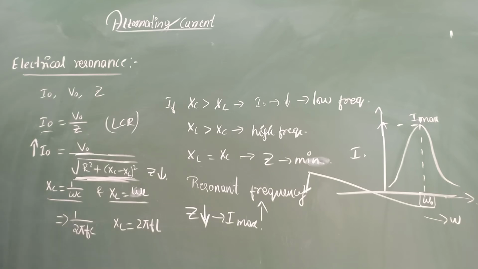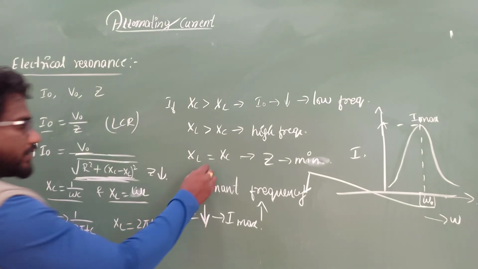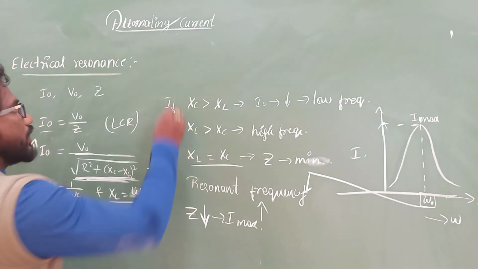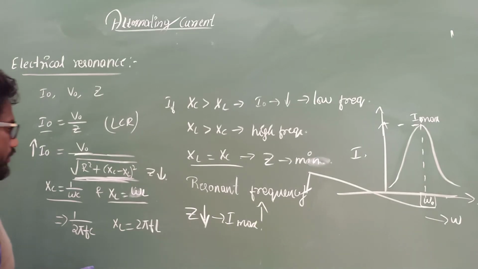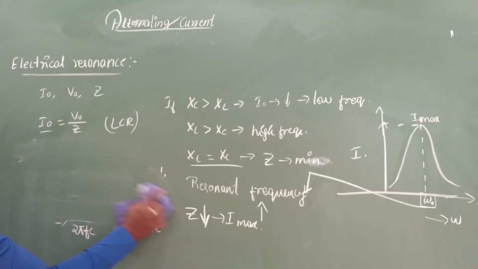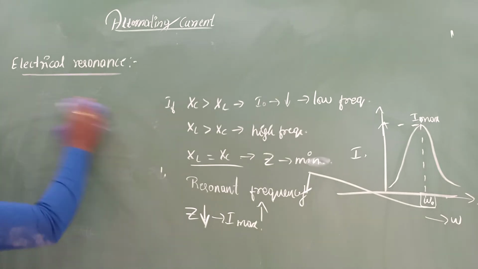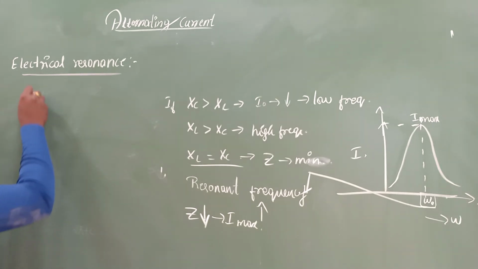So omega naught is equal to what we got here. When I substitute the value of omega naught, XC is equal to XL, right? This condition. So XC is equal to XL.